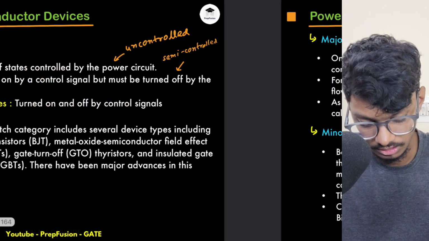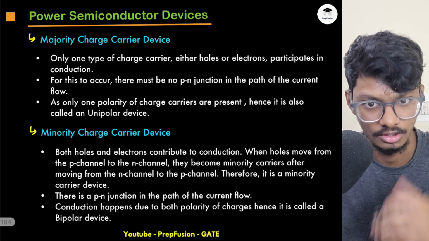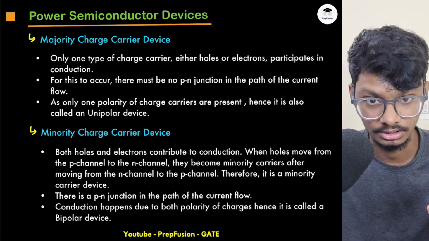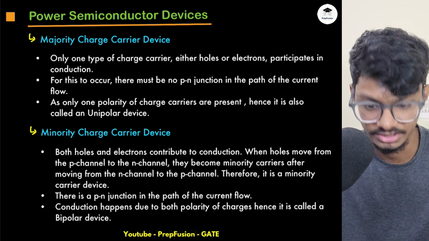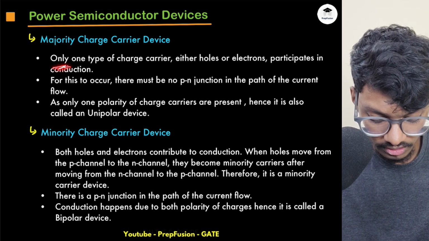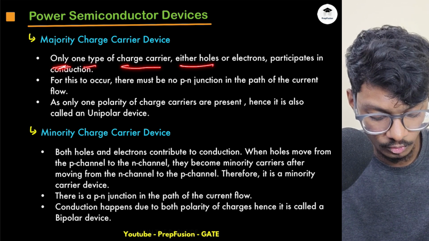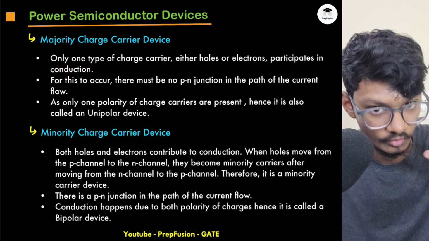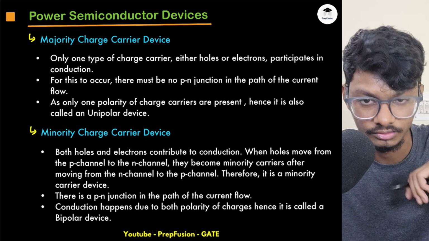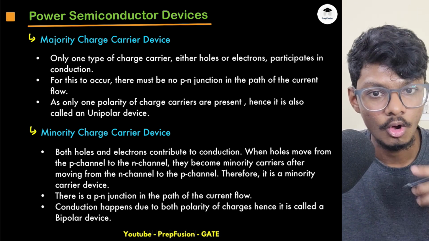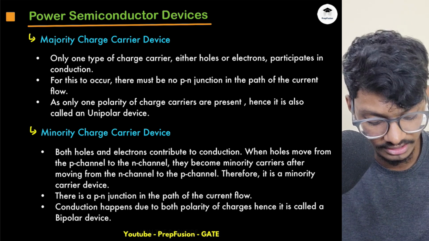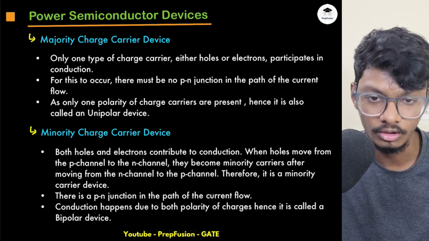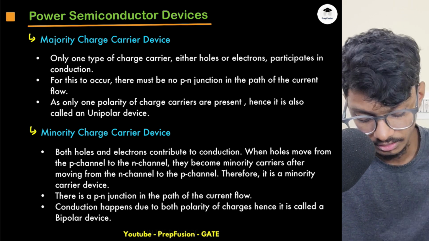Okay, so let's study about few more commonly asked terms. One is the majority charge carrier. So what do you mean by majority charge carrier? Here only one type of charge carrier is present, either holes or electrons participates in conduction. So when current flows in the device, only one type of charge carrier is responsible for the current flow, either hole or electron, not both.